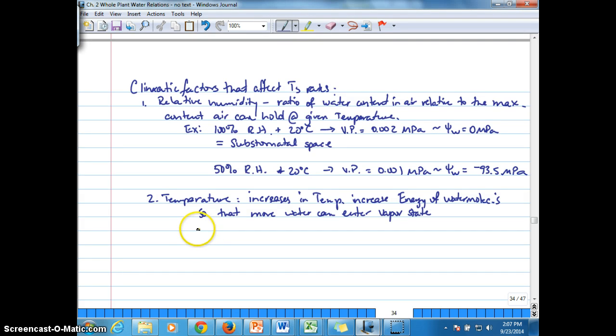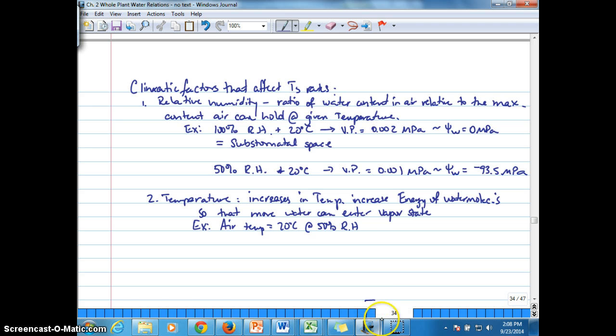So we'll start with an example where air temperature equals 20 degrees Celsius at 50% relative humidity. We have to use a lower relative humidity because at 100% relative humidity it doesn't matter what the temperature is, the water potential is always 0. So we'll drop it down to 50% relative humidity for comparing this.